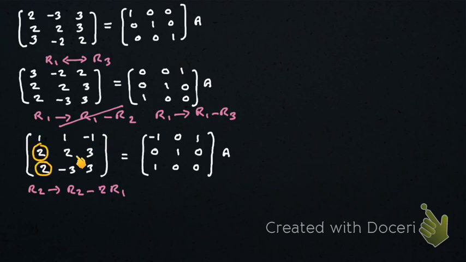From R2, if I subtract twice of the first row, because I want in place of 2, a 0 to happen. So what I'll do is, I'll say R2 changes to R2 minus twice of R1. From the second row, if I subtract twice the first row, 2 minus 2 will be 0. So I just want 0 there.